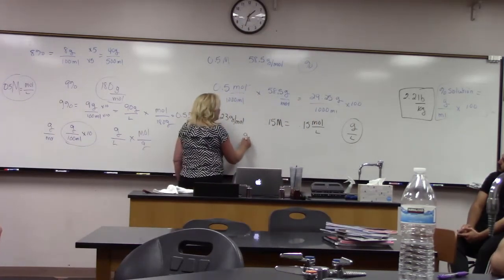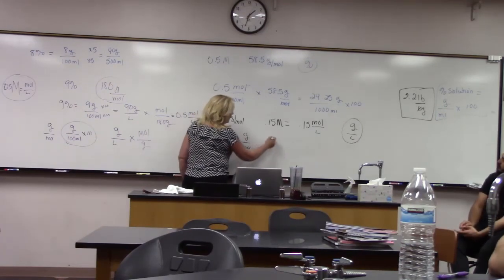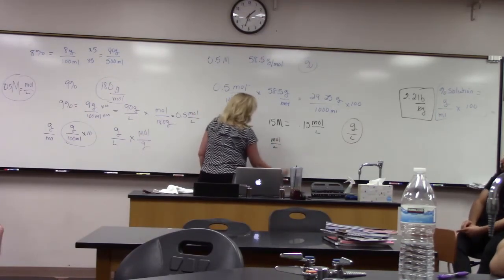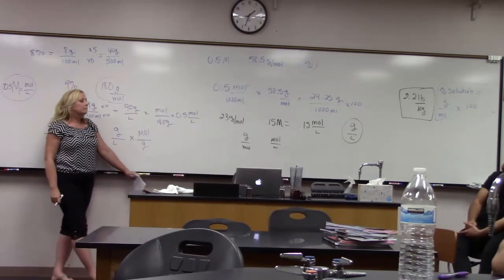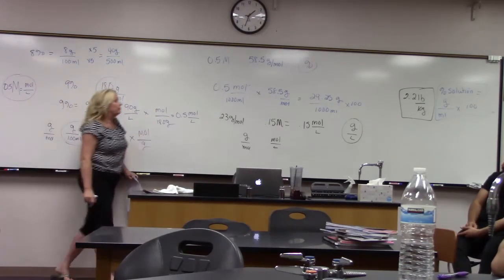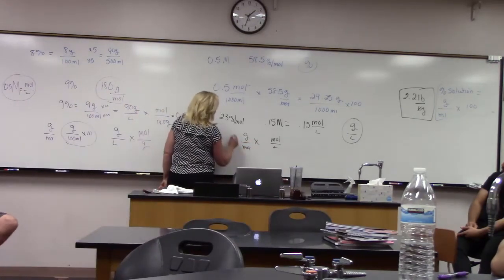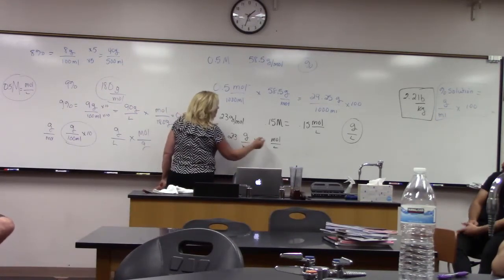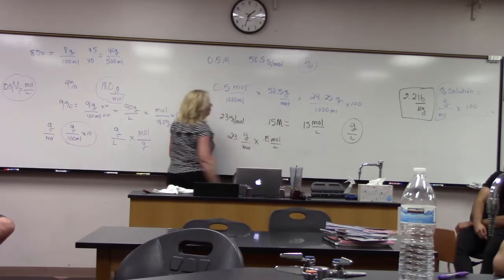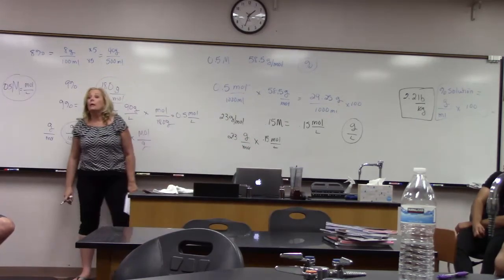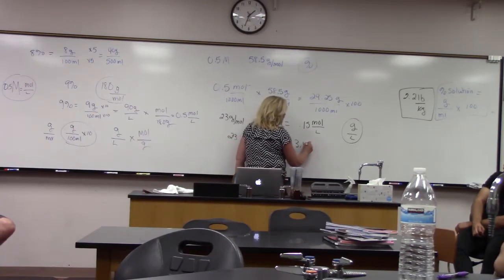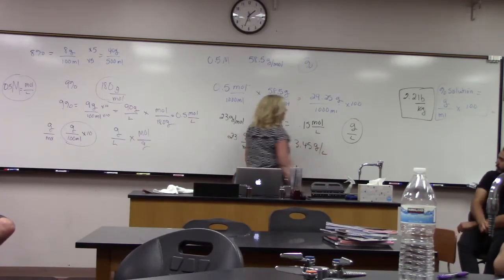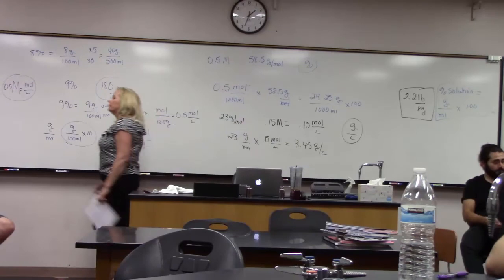So we have grams per mole, and we have moles per liter. How can we set this up to get grams per liter? Multiply. So you can put your number in here, 23 times 0.15. 3.45. Say it again. 3.45. There you go.